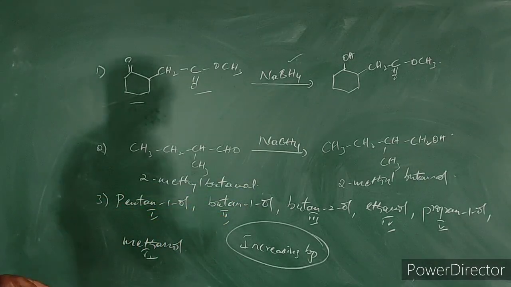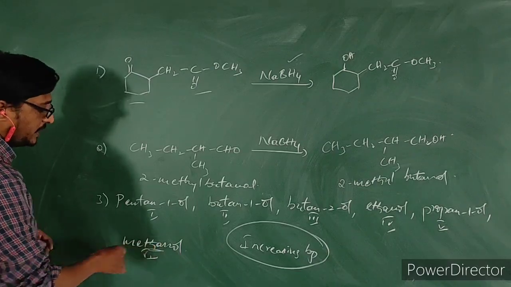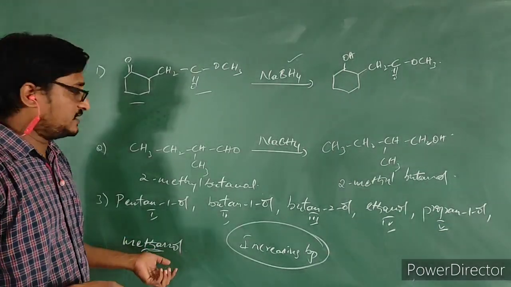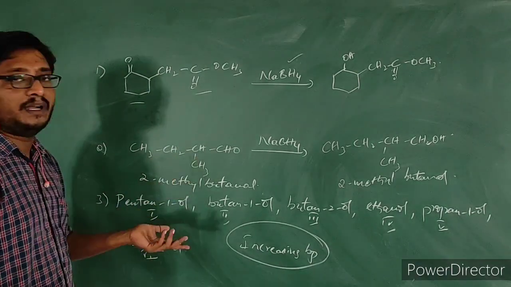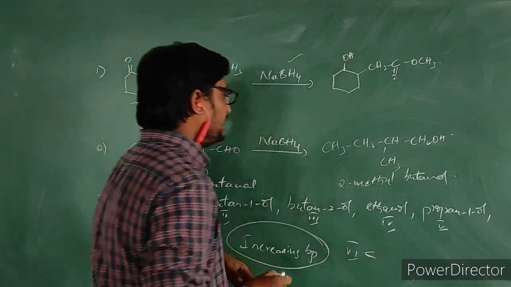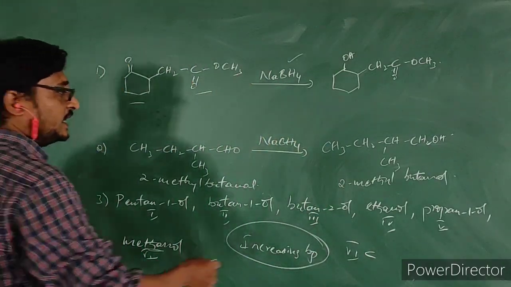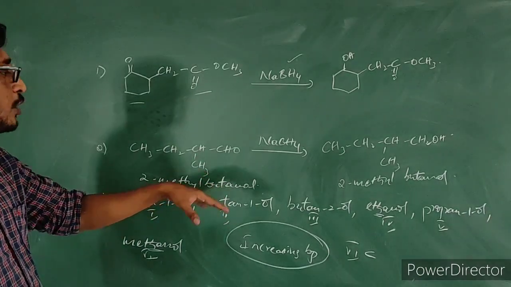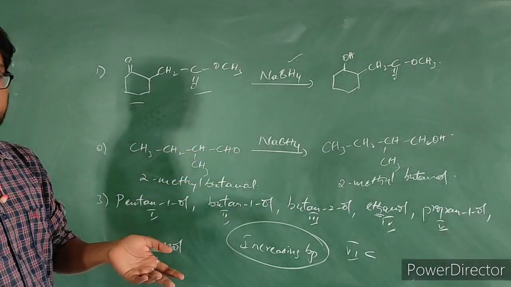Among these compounds, methanol will be small in size, right? The size of methanol is less when compared with the remaining. So 6 is less than, the next compound will be ethanol. It contains only 2 carbons. The remaining compounds contain more than 2 carbons.